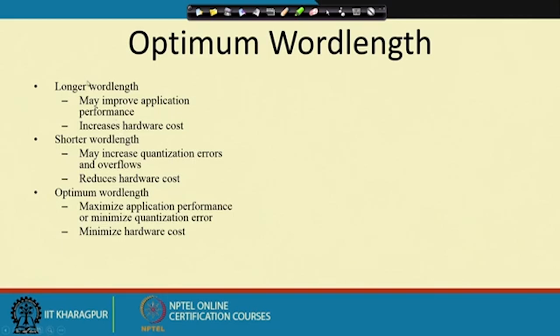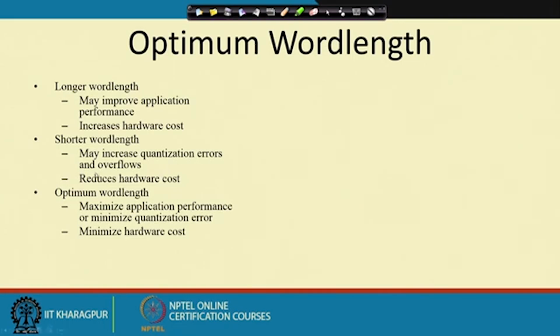If I choose a longer word length, the algorithmic error will be minimized, right? That is very much okay. But if I use a shorter word length, obviously it will reduce the hardware cost, but it may increase the quantization error. As we have seen in the example of adding 2.5 with 3.35, I will get an error of 17% if I run that 100 times.